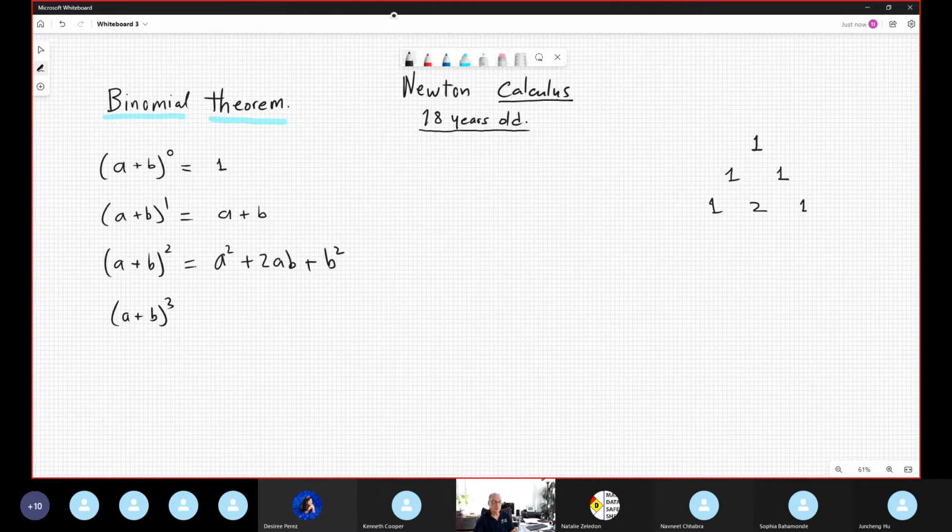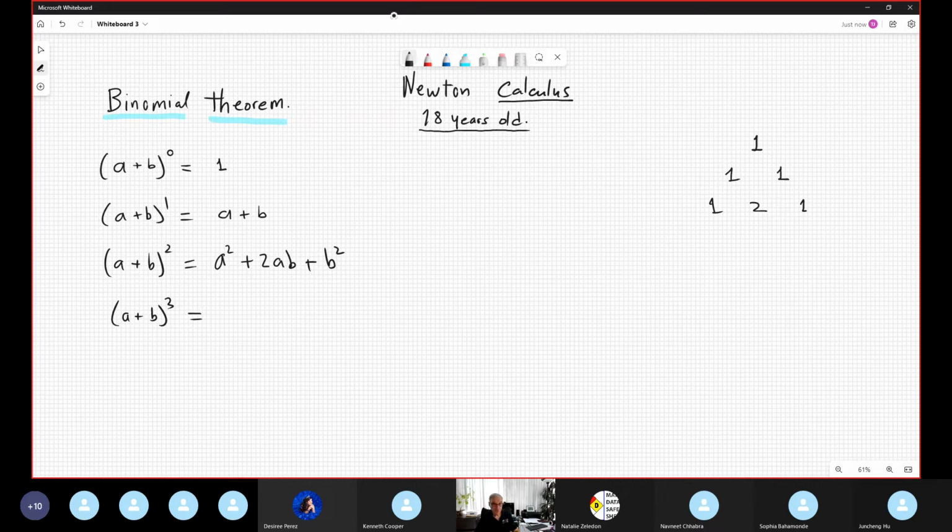Now, if you are doing the cube, it's a little bit long. This is the idea: I need to discover formulas to go fast. Because you multiply a plus b times a plus b times a plus b, 3 times. It's possible, it's doable, but it's long. Suppose 40, that's crazy.